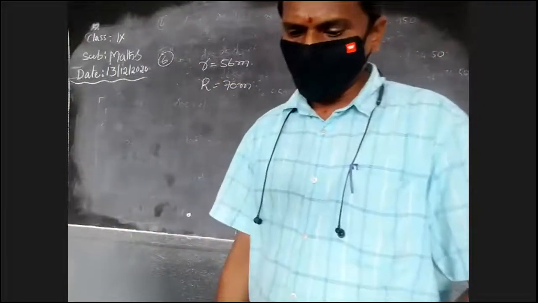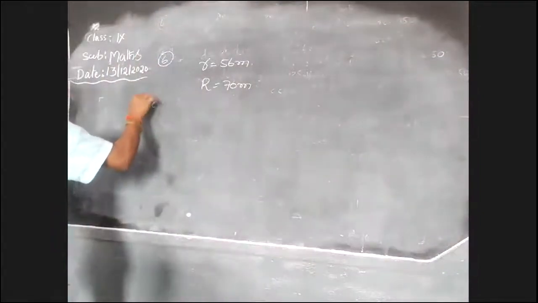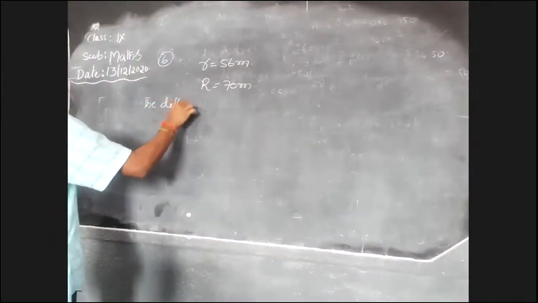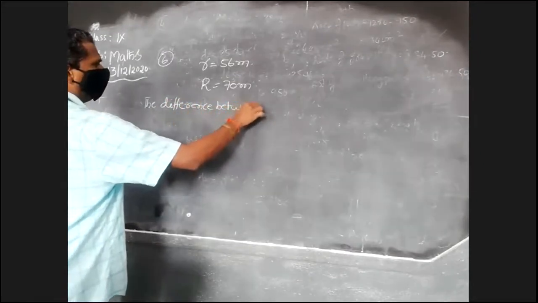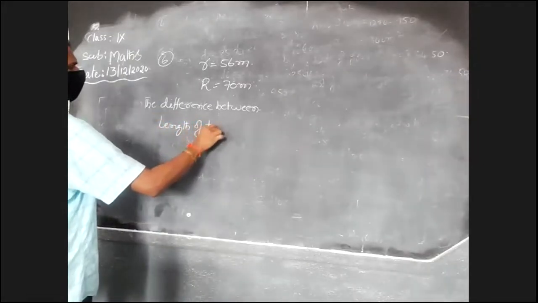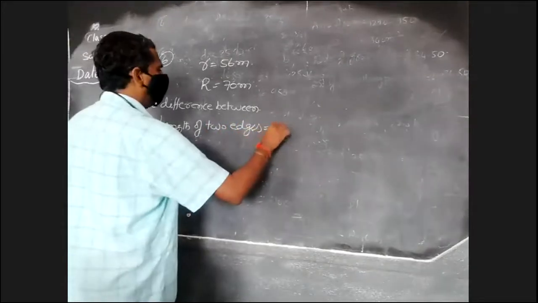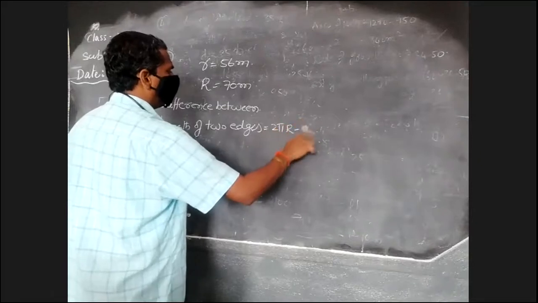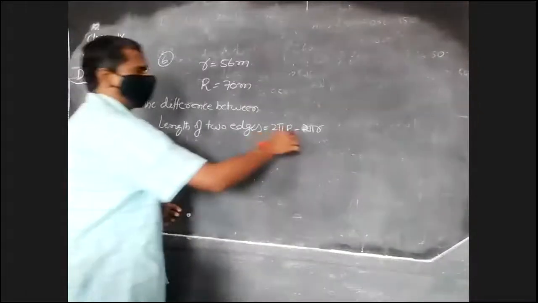So the difference between the lengths of the two edges is 2 pi capital R minus 2 pi small r.